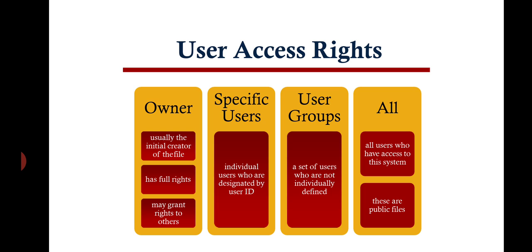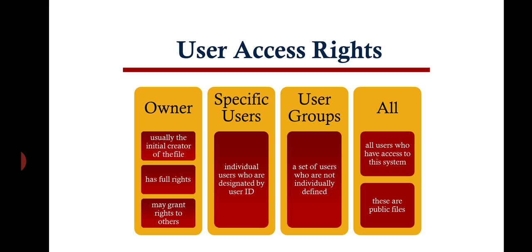See here, we use u for owner, then g for group, then o for other users, then this one means w. Here each and every person has read, write, and execute.